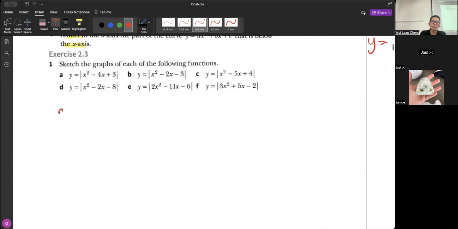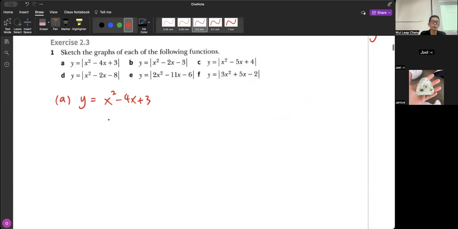Okay, do you remember how to draw this kind of graph? You don't know. Do you remember completing the square? You know. Okay, please do. Do the completing the square first. So completing the square, x squared minus 4x will become (x - 2) squared.